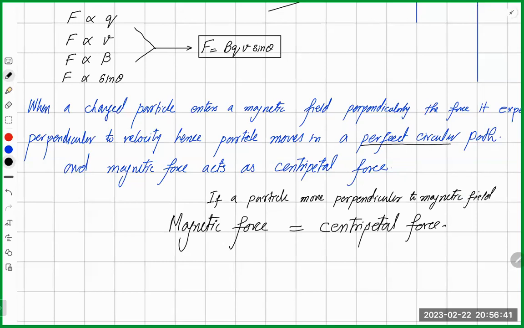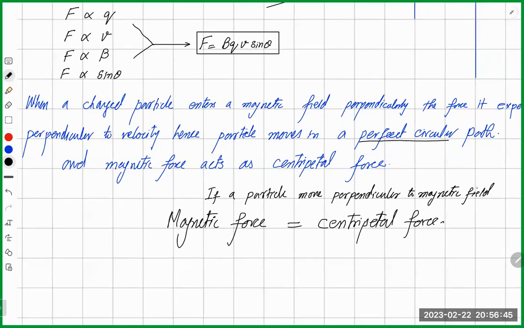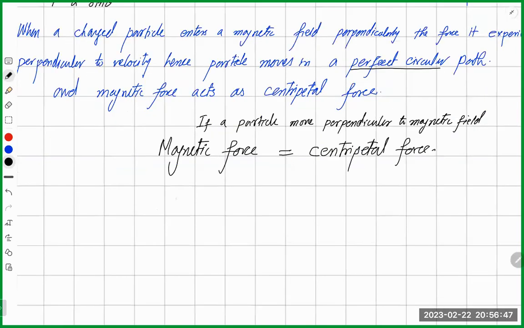The reason I'm using perpendicular is that I want to get rid of that sine theta part, okay? For the simplicity, it will be BQV equals to MV square over R.